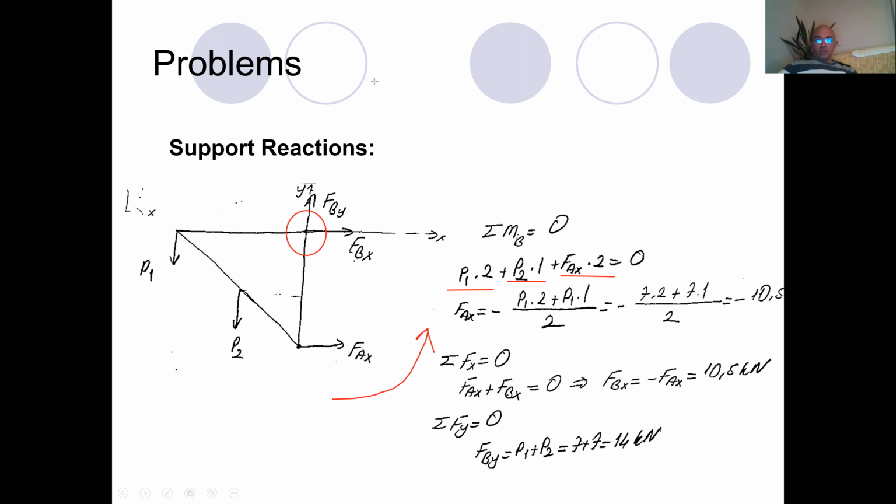FAX is equal to minus (P1 multiplied by 2 plus P2 multiplied by 1) divided by 2. If we substitute the values for P1 and P2, which are 7, it is 14 plus 7, which makes 21, divided by 2 will give us minus 10.5 kilonewtons. So here the unit is kilonewtons.